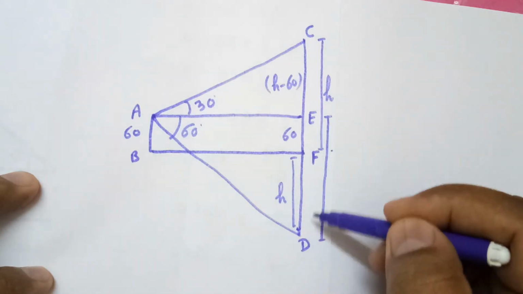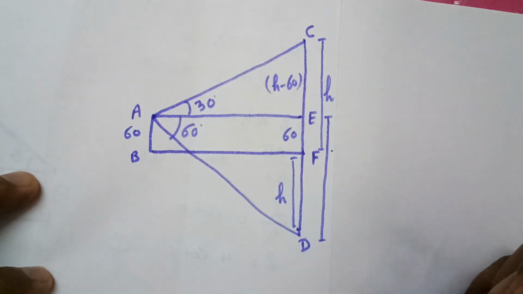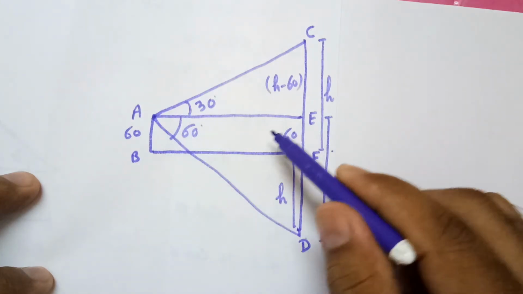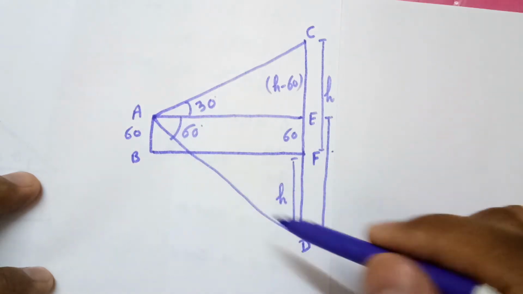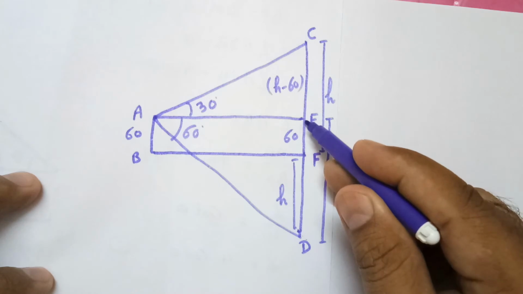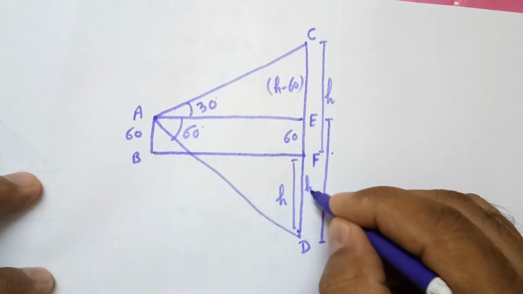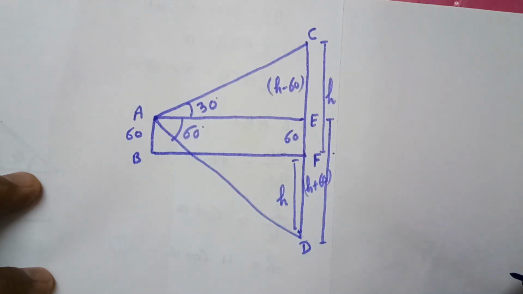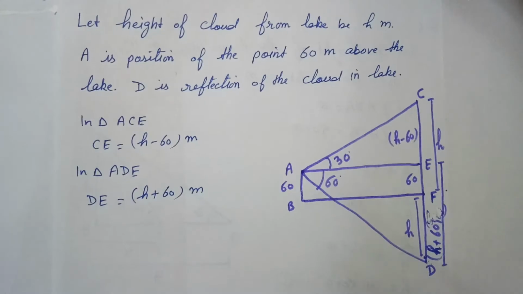So DE will be DF plus EF, that is h plus 60. This is a very important point, that the perpendicular for triangle ADE will be DF plus EF. So it becomes h plus 60, which is very important to understand here.